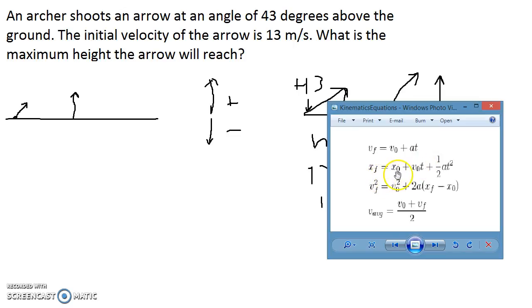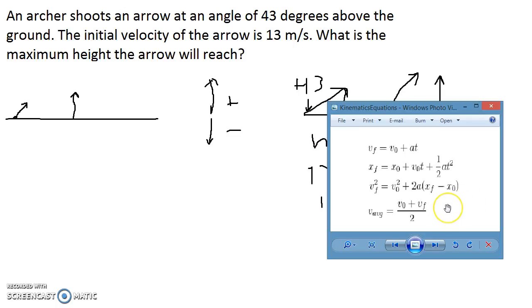So this one has final position, initial velocity, time. Again, we don't really have time, so let's just keep looking. We have the final velocity, initial velocity, acceleration, and difference between the distance.